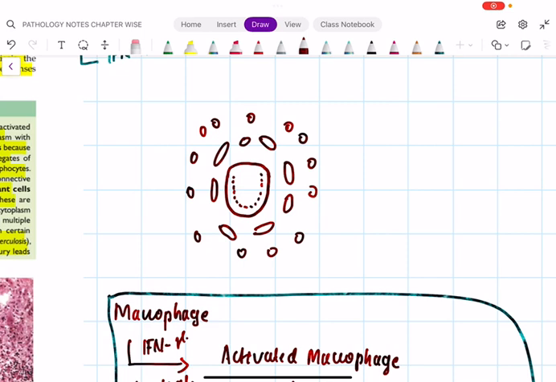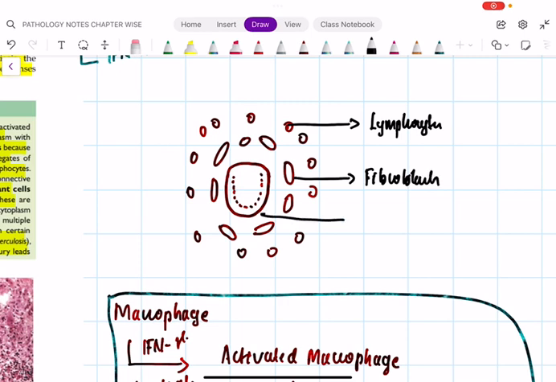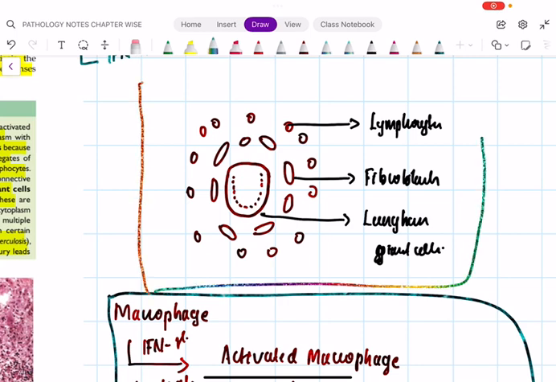I am going to label it now: lymphocytes, fibroblasts, Langhans giant cells. This is what we call granuloma.